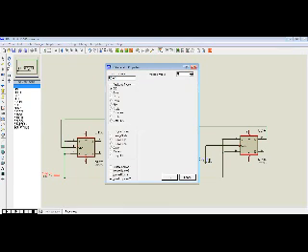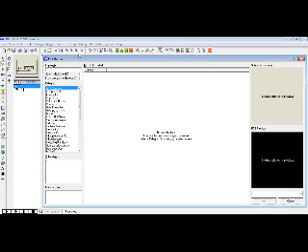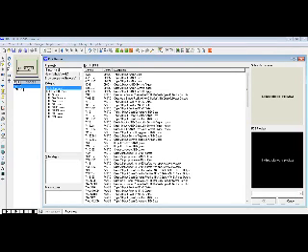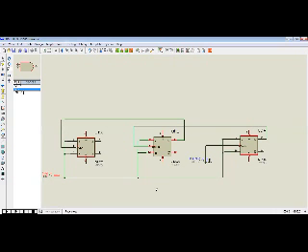So we connect this to 5 volts. Next, we consider a NAND gate, a 3-input NAND gate. So a 3-input NAND gate, like this, is what you will need to reset the flip-flops.